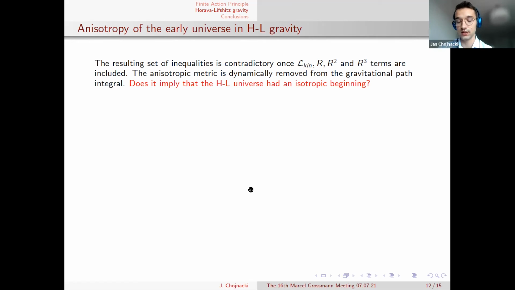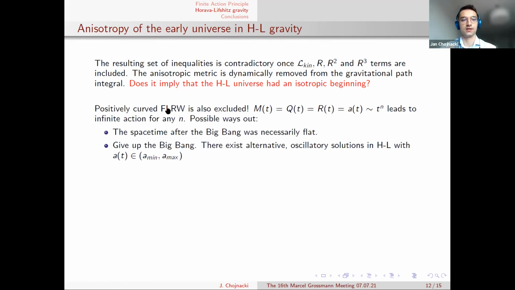And since it has infinite action, it will be dynamically excluded from the path integral. And it so happens that indeed it has a contradictory set of inequalities. So anisotropic spacetimes are excluded at the beginning of the universe.